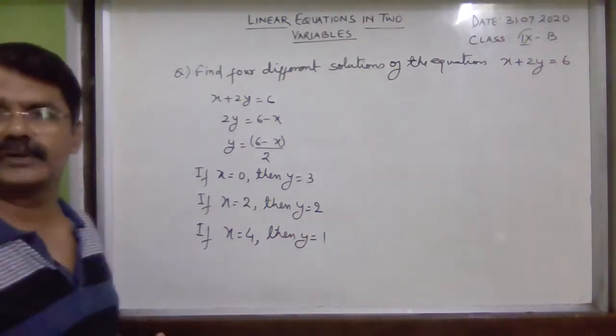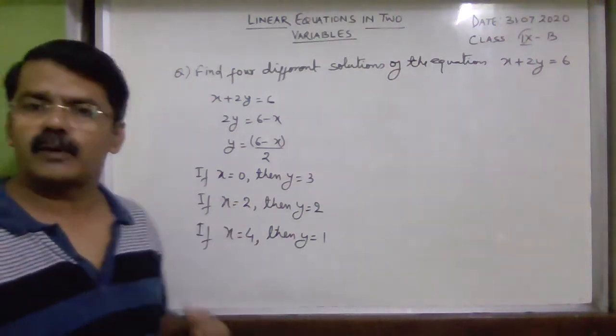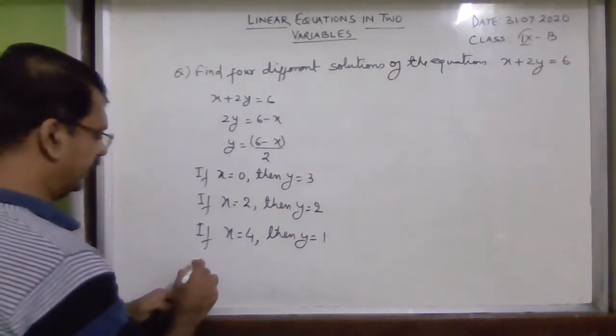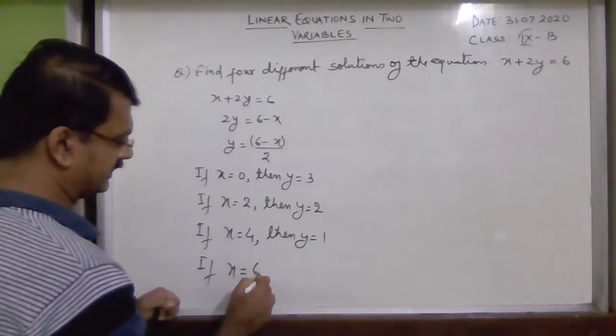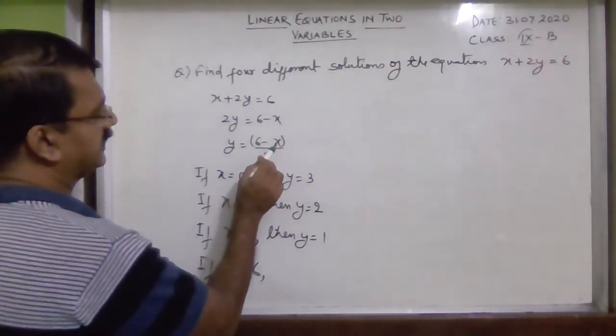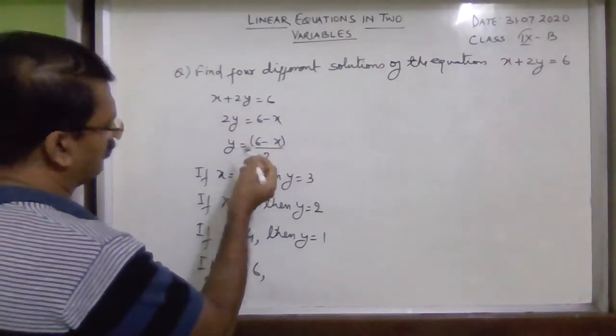So we have to write 4 different solutions. We have already found 3 solutions. And now if you put x is equal to 6 here, 6 minus 6 will be 0. So y is equal to 0.